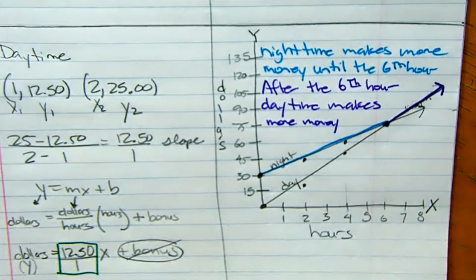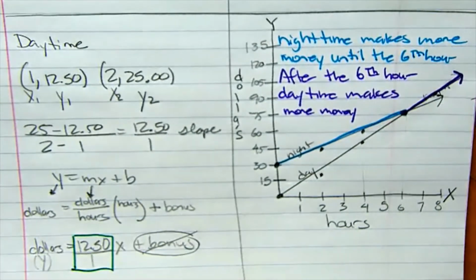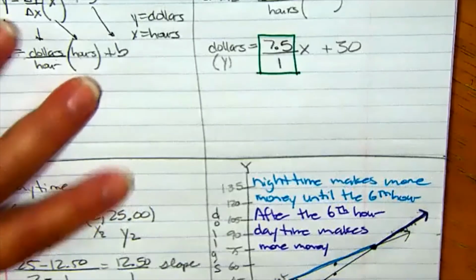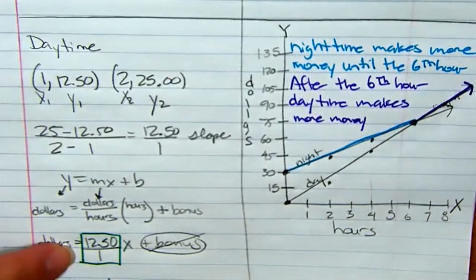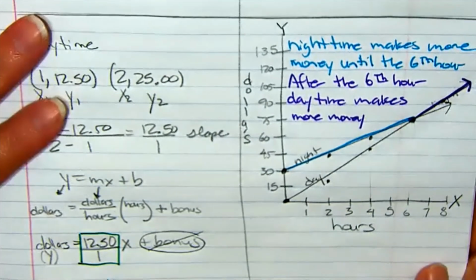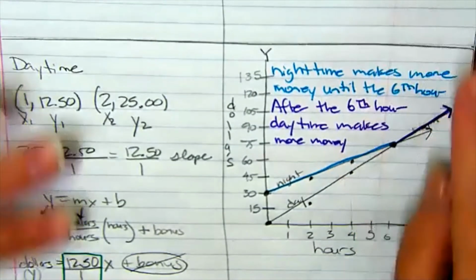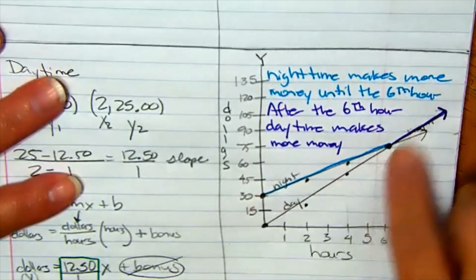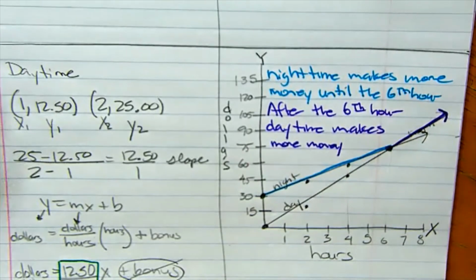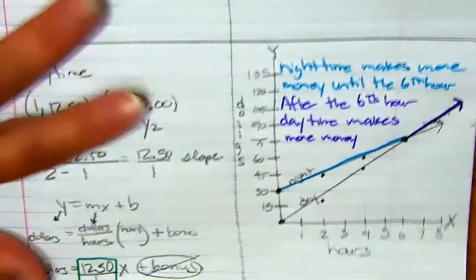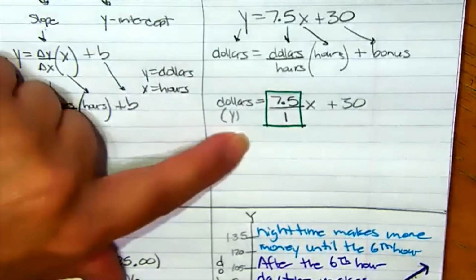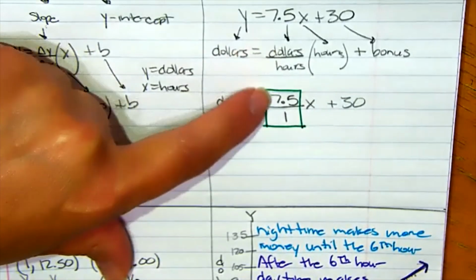So I don't think this is hard. I think it's just a matter of understanding what all of these pieces mean. You need to understand what the slope means. And you also need to understand how to graph both of these linear functions and what the graph means. Okay, so here the slope is telling us dollars per hour.